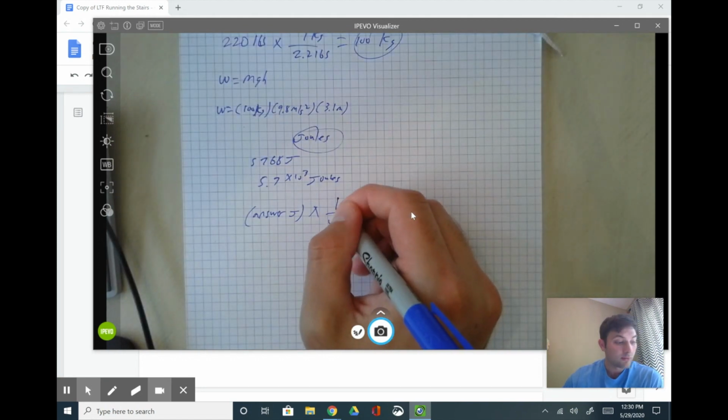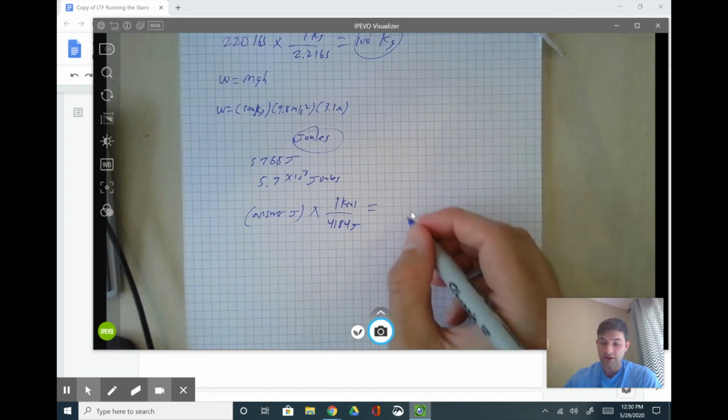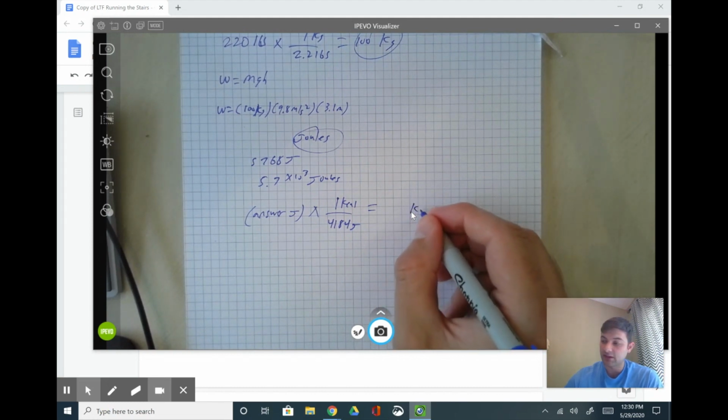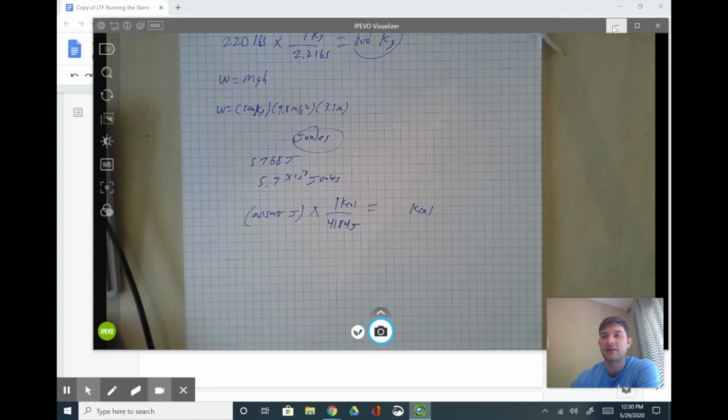So then you got 1 kilocalorie here, and you would equal it, and your answer would be in kilocalories. And again, I would recommend significant digits here, 2 or 3. It's supposed to be 2, I believe, but if you're trying to mess with rounding with the students, it's also a good way to mention that as well, because you don't want a huge decimal.